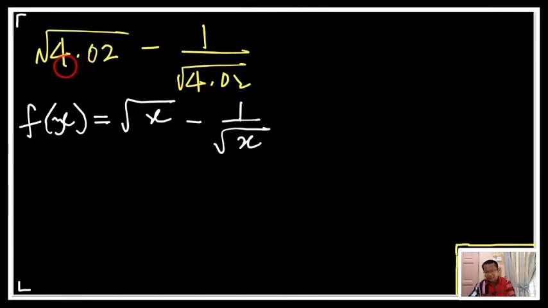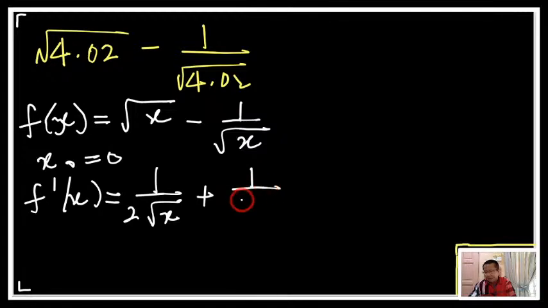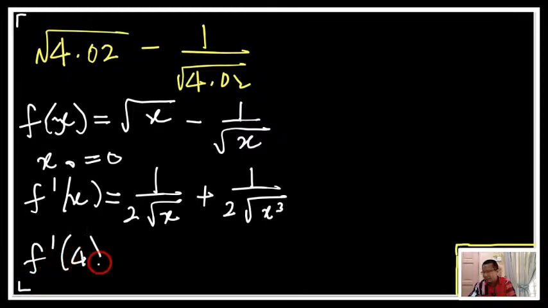Okay, so your x0, obviously, is 4. So f prime of x equals 1 over 2 square root of x plus 1 over 2 times x to the power 3 over 2. So you find f prime of 4. You should get 5 over 16. Just substitute 4 into here.